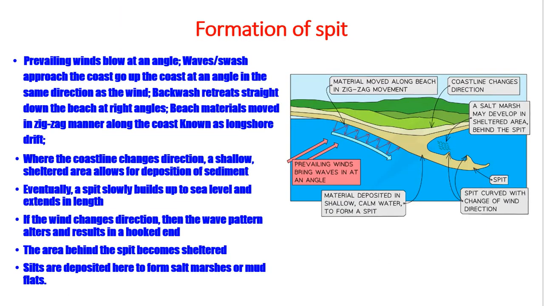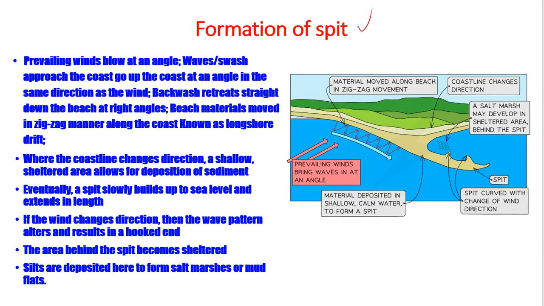Next is formation of spits. Strictly, if you are asked in an exam to describe the formation of spits, the first thing you should describe is longshore drift, because spits are formed from longshore drift, and also deposition of materials around shallow, sheltered areas.